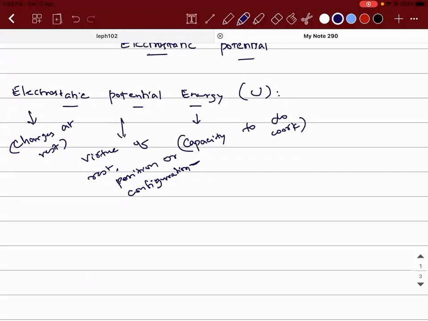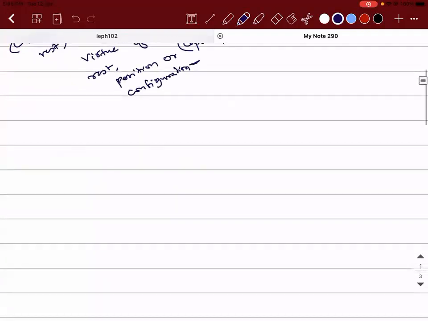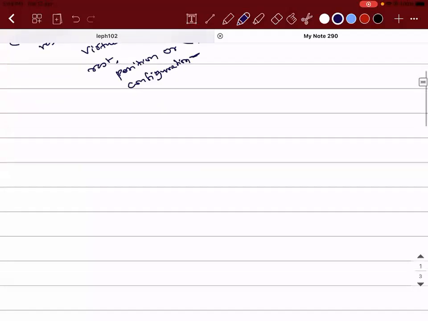For that, we need to recollect the concept of source and test charge. Listen to this. If I have a source charge, and around the source charge, what is present? There is electric field present.